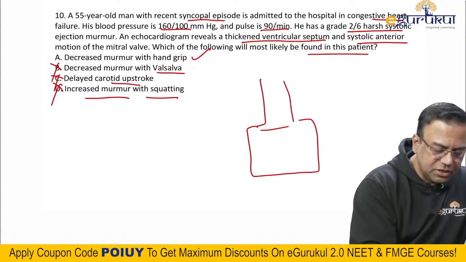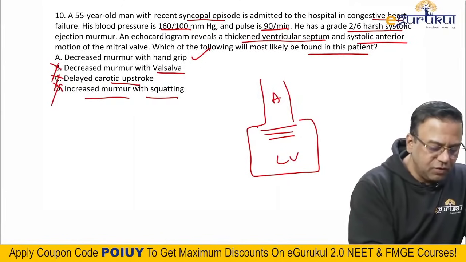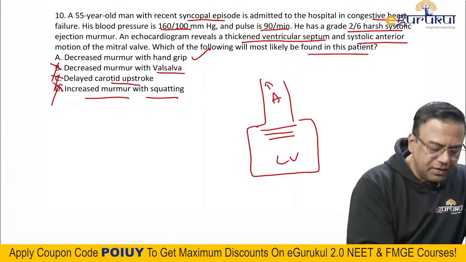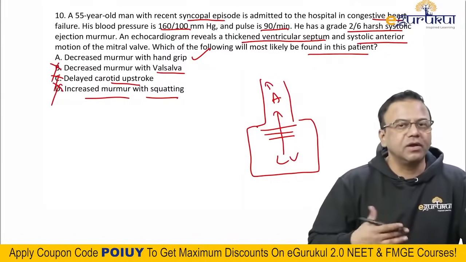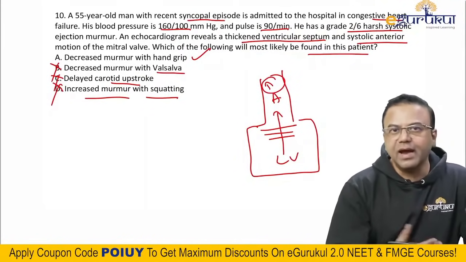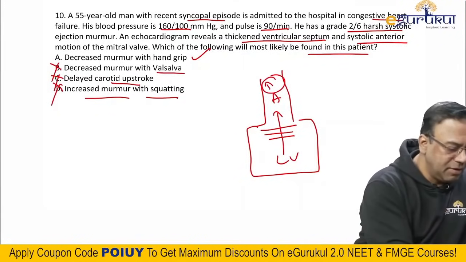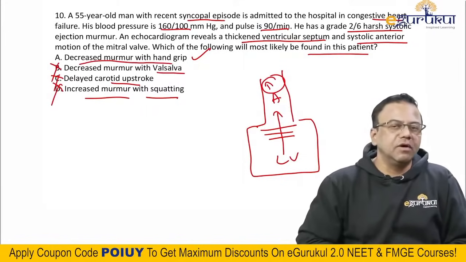Any obstruction that is occurring over here, this left ventricle cavity, this aorta, this subvalvular obstruction, if you increase the pressure in the aorta, then the flow of blood will become slower. A slow moving blood cannot create turbulence. So that's the reason why whenever aortic pressure increases, like hand grip, like squatting, the murmur will decrease, and that's the correct choice. Decreased murmur with hand grip.